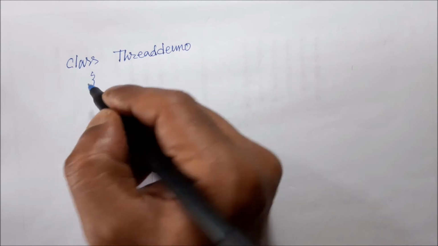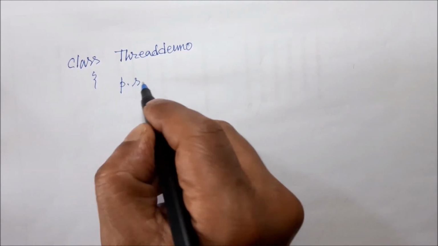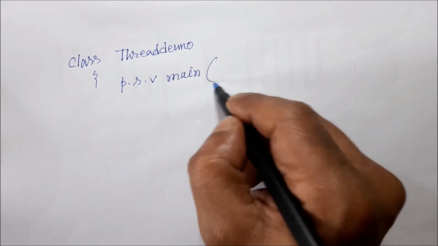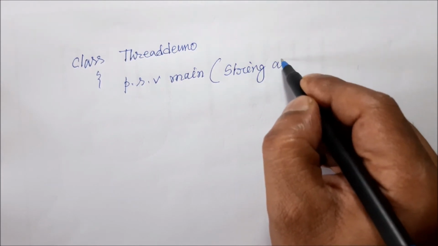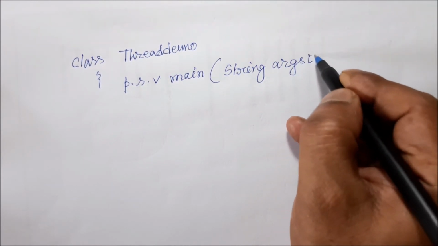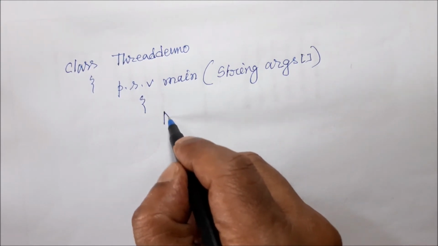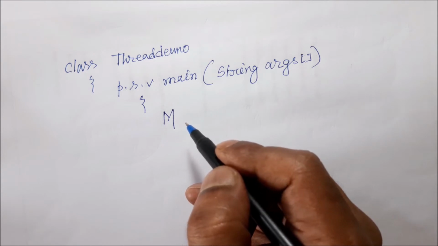Then within this class we write public static void main with the argument String args, and within the main method I create an instance of a class, that means I am creating the object of a class.